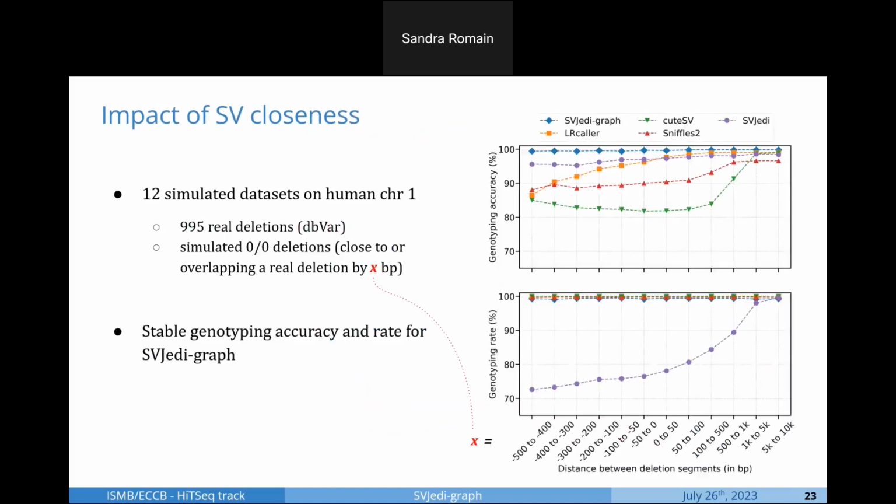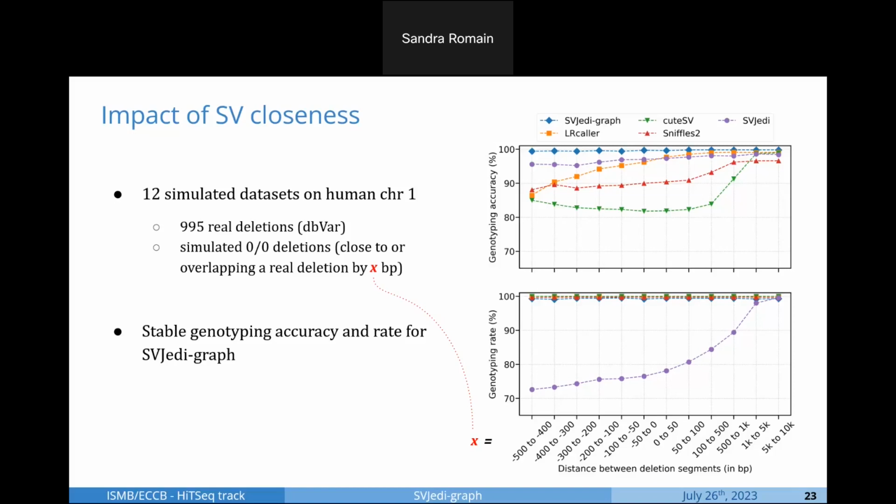So first, we wanted to evaluate the impact of SV closeness on the genotyping quality. So for that, we simulated 12 datasets on human chromosome 1. These datasets had real deletions, to which we added simulated deletions that were close or overlapping one of the real deletions by a particular distance range.